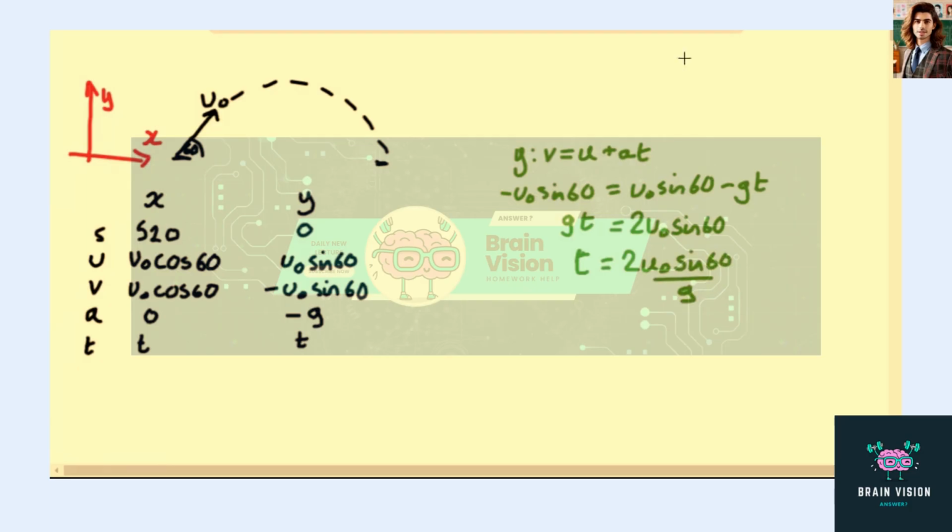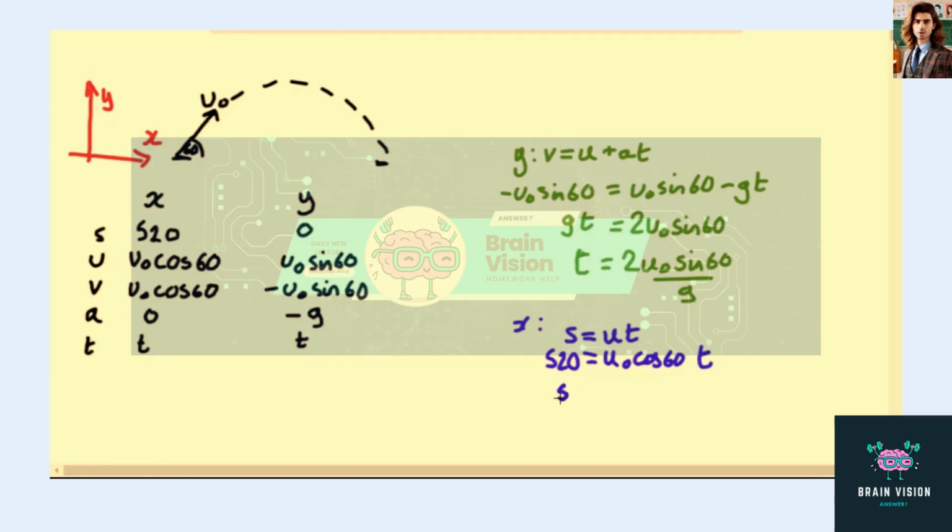Perfect. Then for our x direction, the distance we need to travel, s, is equal to our velocity multiplied by t, because there's no acceleration. So 520 is equal to u0 cosine 60 multiplied by t.